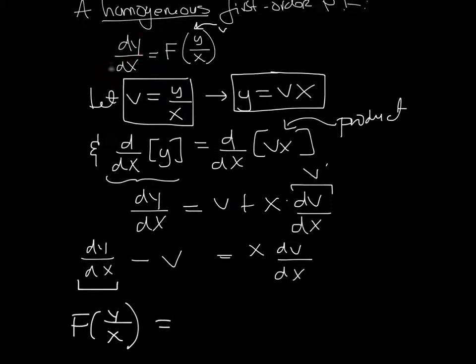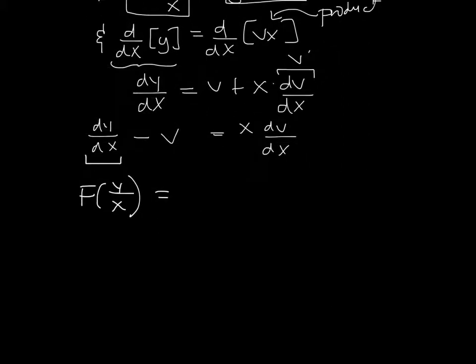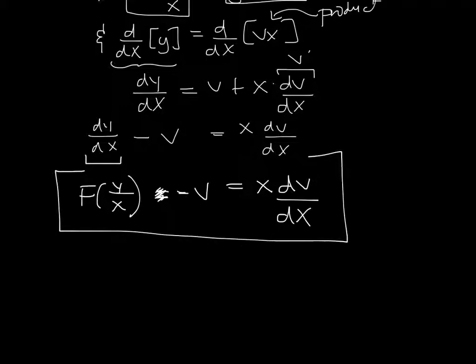My dy/dx is this function, again a polynomial, rational, or radical function, where you want to utilize substitution. So f of y over x minus v equals x dv/dx. I'm going to do an example that looks exactly like this with actual numbers. This is very general.